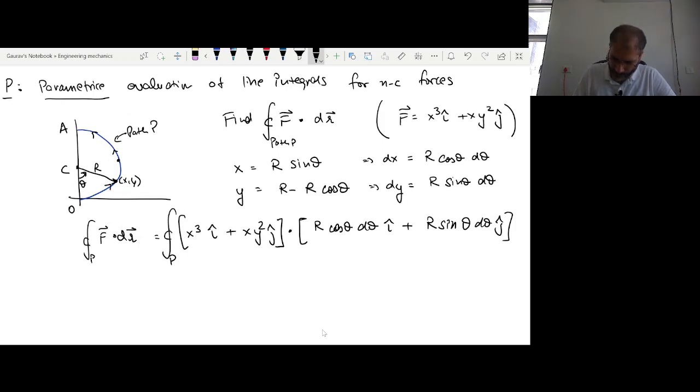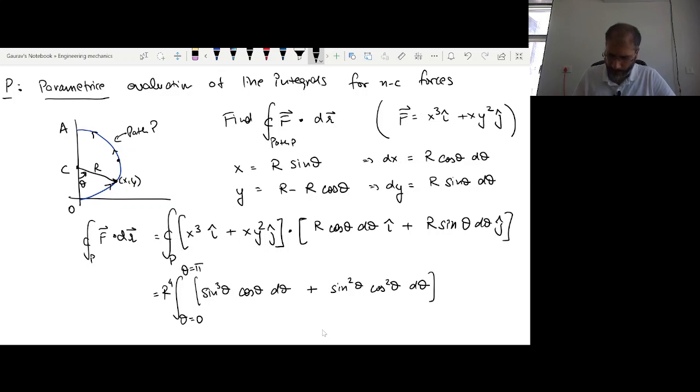So I'll still keep C here because I have not substituted what x and y are. So for this given motion along a path, x is R sin theta, so we can take R to the 4 outside, and theta goes from 0 to pi radians.